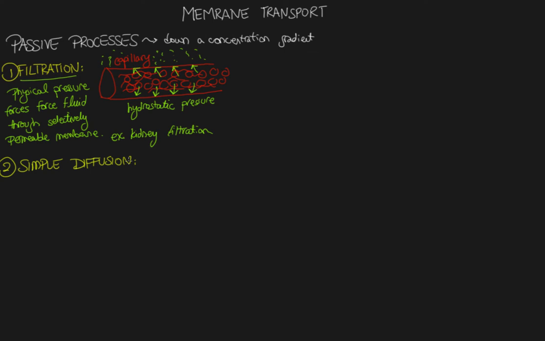And so simple diffusion is going to be defined as the net movement of particles from an area of high concentration to an area of low concentration of that specific particle. And so this is what we call moving down the concentration gradient until equilibrium is reached.